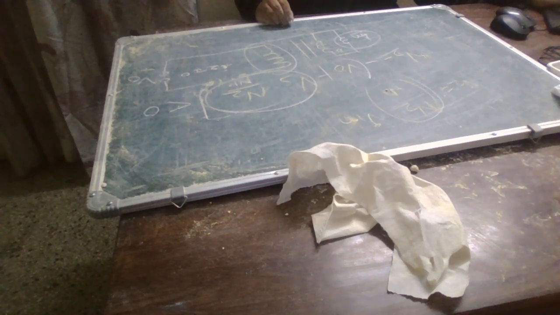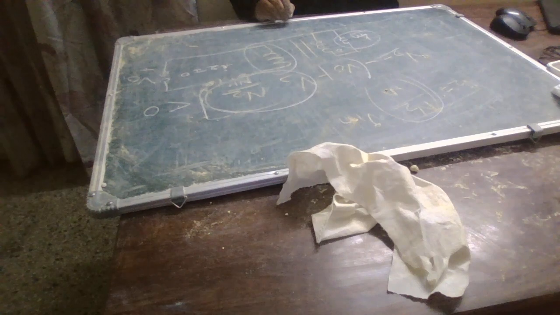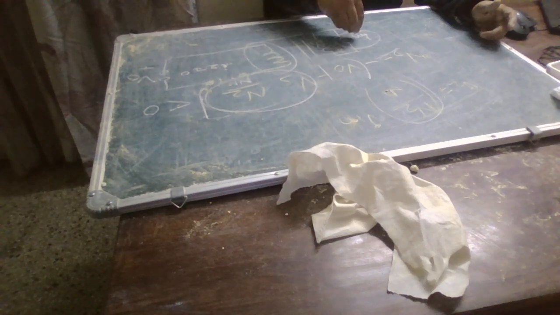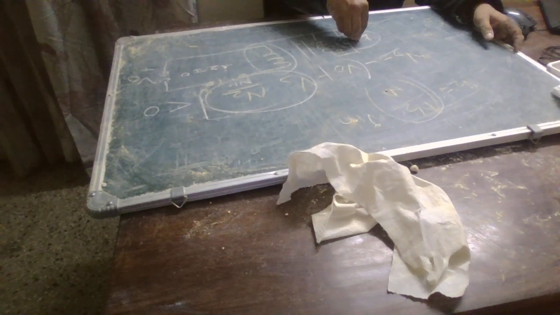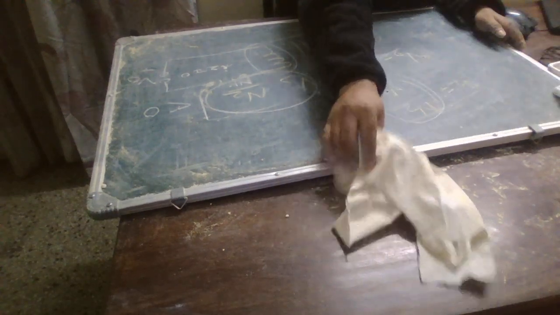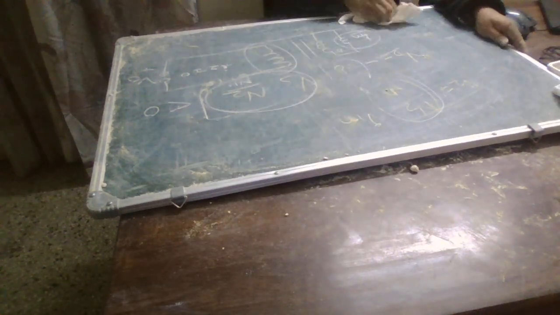So in the actual transformer, because it's now an open circuit here, the current in the primary is going to keep on increasing while no current exists in the secondary winding.